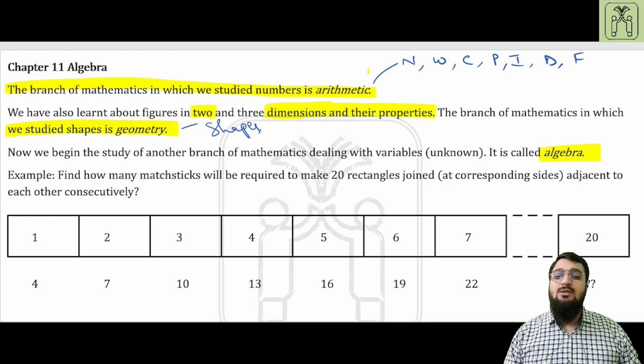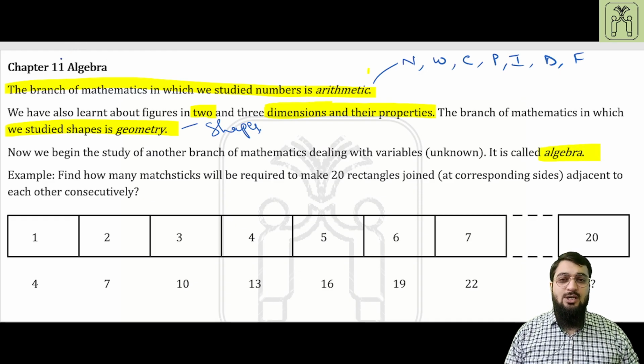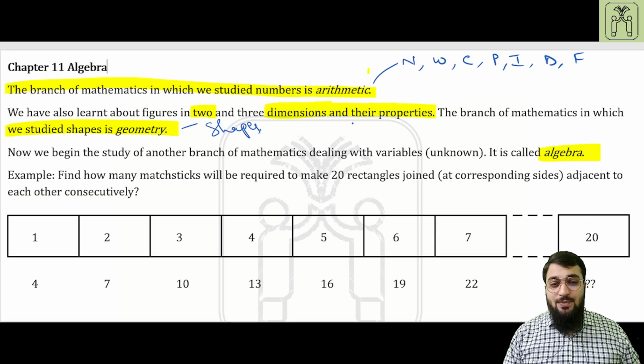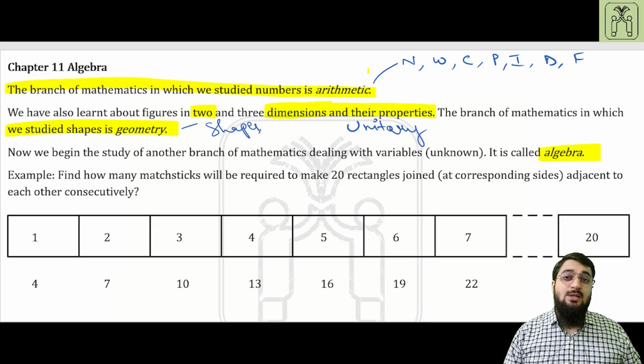For those who have been following our lectures thoroughly from start to end, I would like to let them know that we have used various concepts of algebra in our numerous classes. For example, when I showed you how to use the unitary method, then also I showed you certain aspects of algebra in the places where we tried to add or subtract, like plus or minus various integers, fractions, any type of numbers.